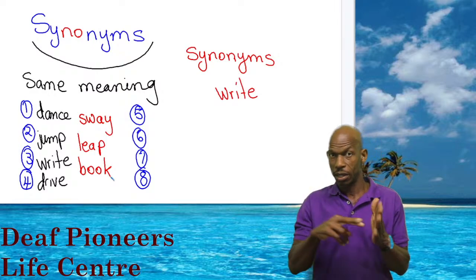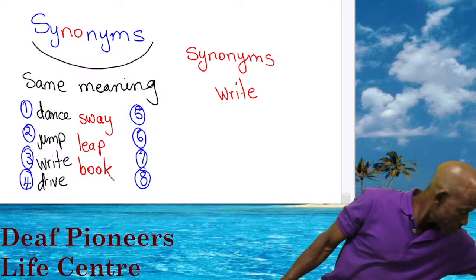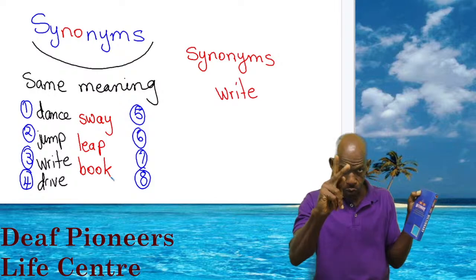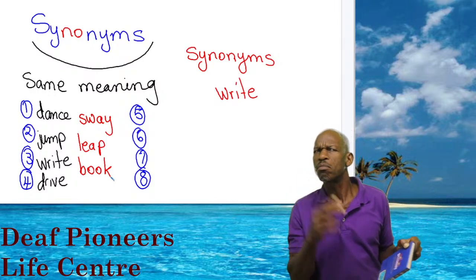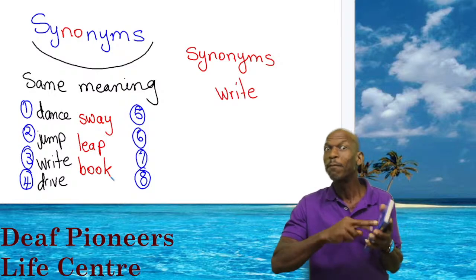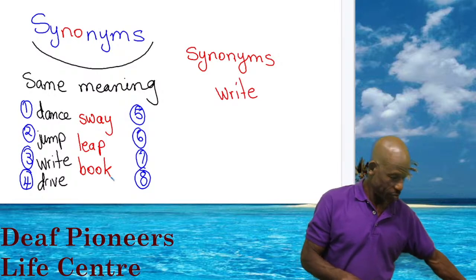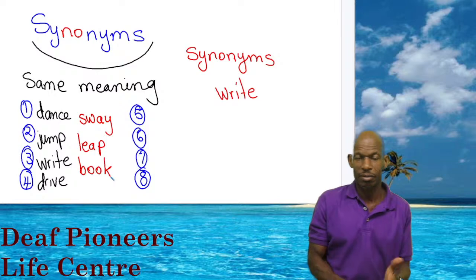Book could be a noun, but it's also a verb. And that is one of the things you have to learn, whether you are a deaf or a hearing person. So this word book could be a noun, the noun book that John is showing you, or it could be a verb.